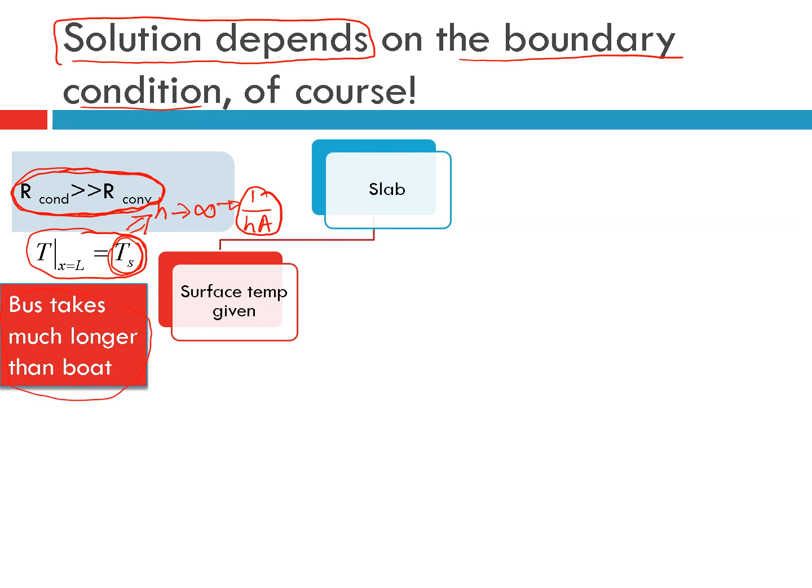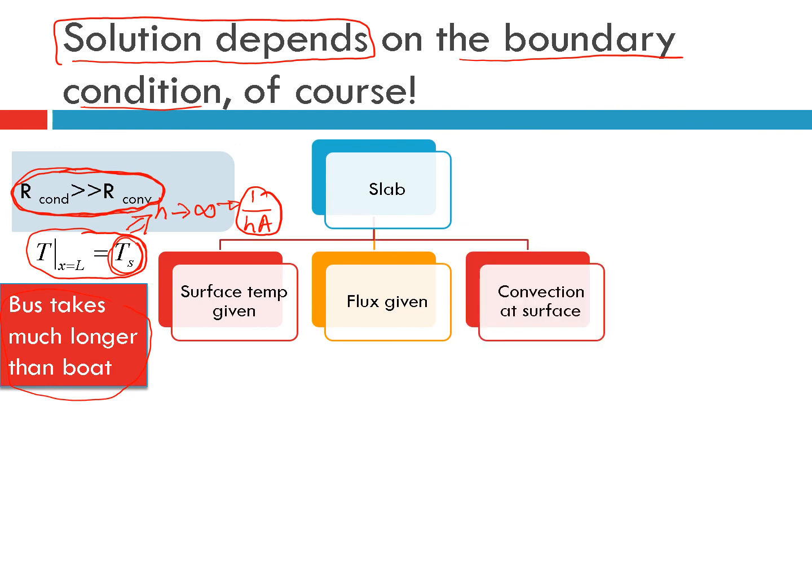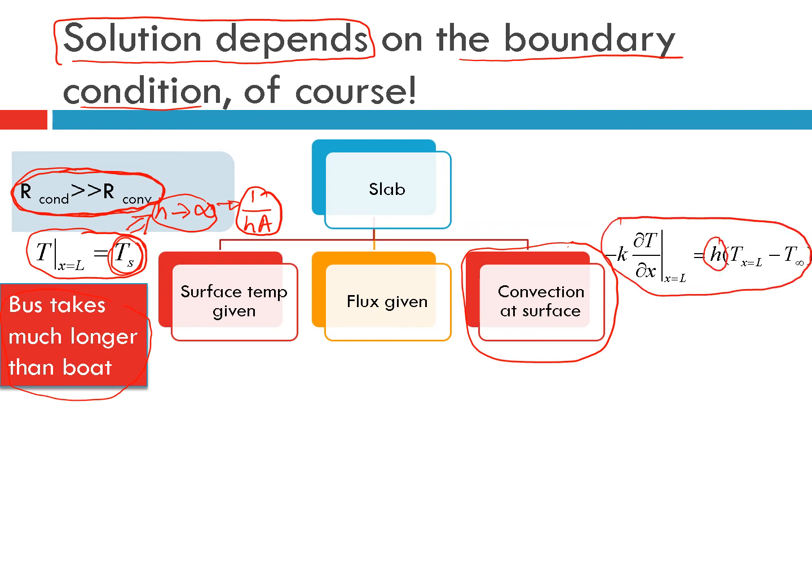The other boundary condition can be flux given, and the third one would be convection at the surface, so not h going to infinity, but any value. So we had this convective boundary condition that is true for any value of h.